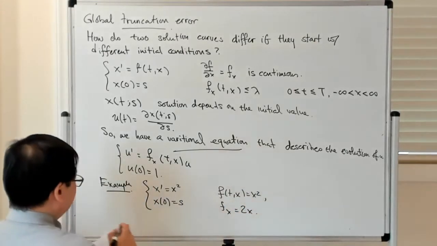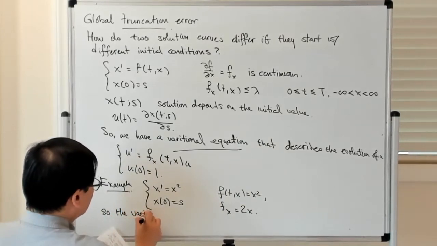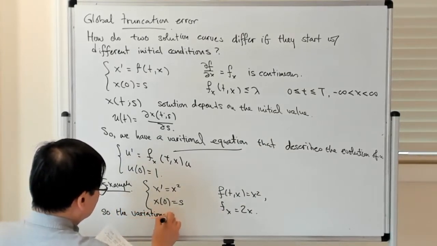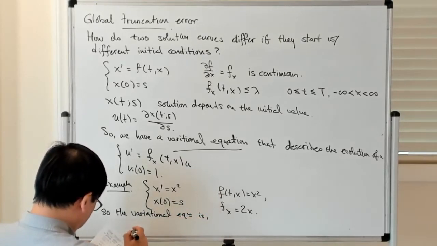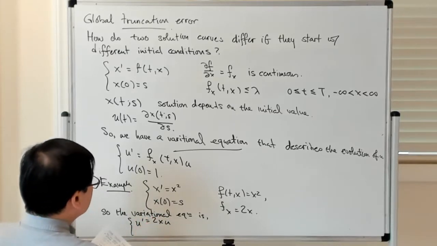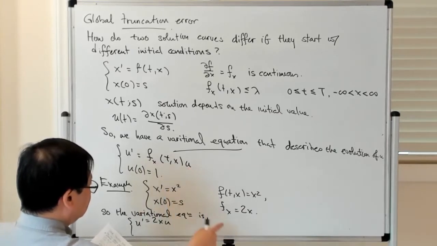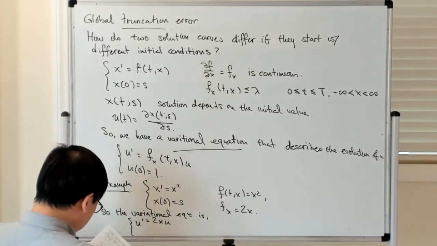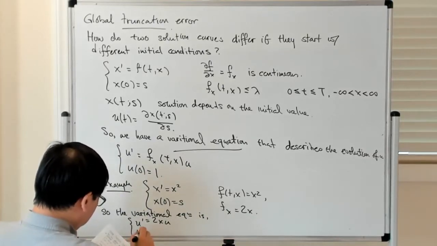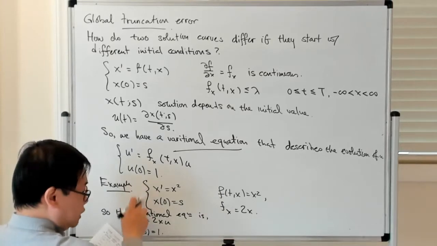Okay, so the variational equation is u prime is equal to 2xu, right? So u prime is just f sub x times u. f sub x is 2x, and then u is u, so we get 2xu, and then u at 0 is 1, right? So that's the variational equation associated with this initial value problem.